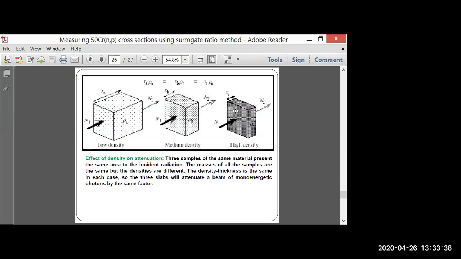So you see the product is the same. The meaning here is that the density thickness is the same in each case, so the three slabs will attenuate a beam of monoenergetic photons by the same factor. It doesn't matter that this is low density and this is high density, because the density thickness is the same, so the attenuation will be the same.